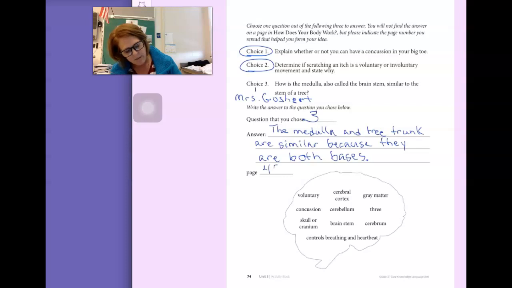And page 45 in the text is what helped me answer that question. It didn't say that in the book, but that's what helped me. That was the information that helped me make that connection.